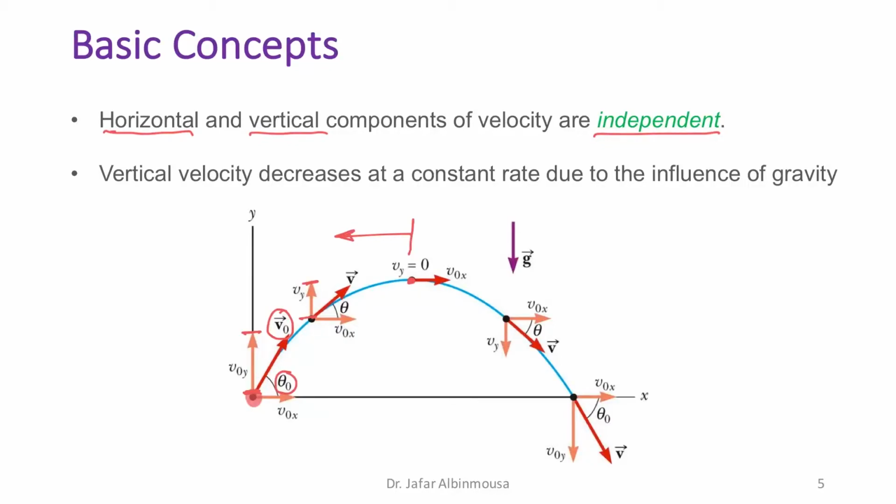So in this portion of the motion, we are acting against gravity, and for that we are losing speed until we stop momentarily in terms of the vertical component. But in the second portion, we see that the arrow starts to get bigger, and in that sense we are gaining speed because we are moving in the direction of the gravitational acceleration.